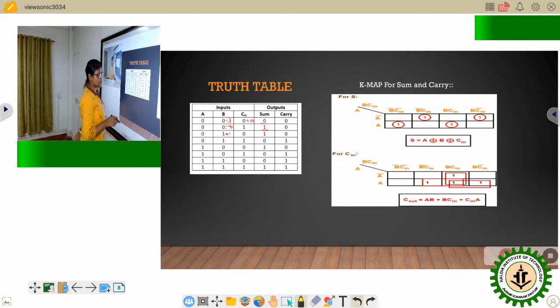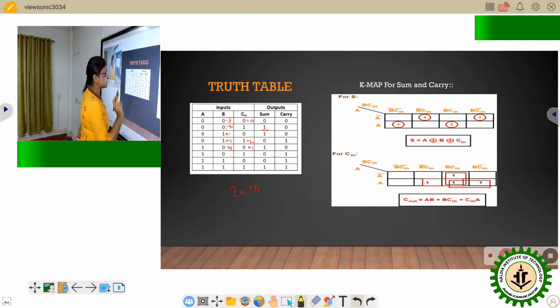In the case of 1 plus 1, that is 2, and as we have told, the binary form of 2 is 1 0. So we are giving the carry as 1 and the sum as 0. In the case of 1 plus 0, we are getting the answer 1, but there is no carry, so the carry is 0 and the sum is 1.